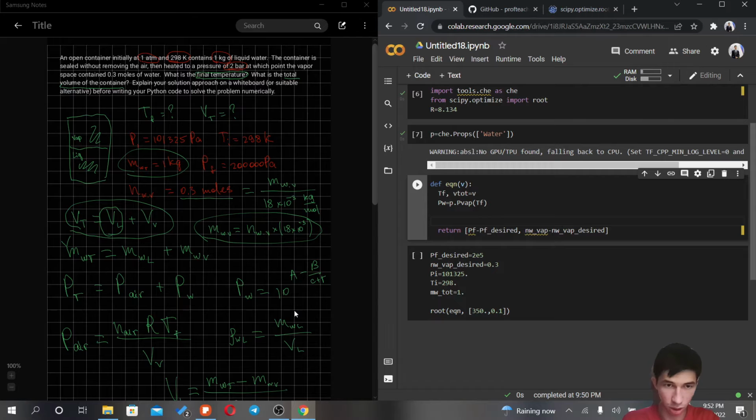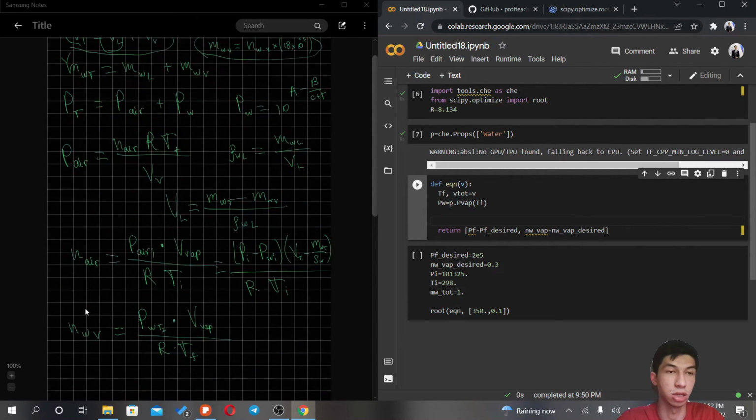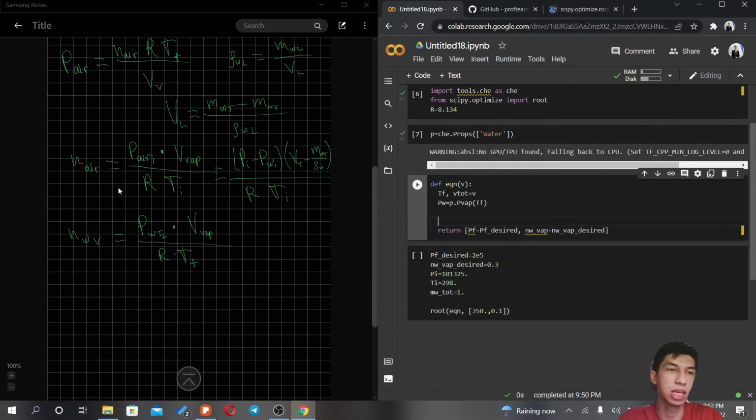Okay, so we can have our next equation. So when we go here, we can see that N air, so the amount of the air, would depend on this equation. So we can just write it here. So N of the air would be the initial pressure subtracted by the partial pressure of water, which we determined from CHE tools, PVAP, but at initial temperature.